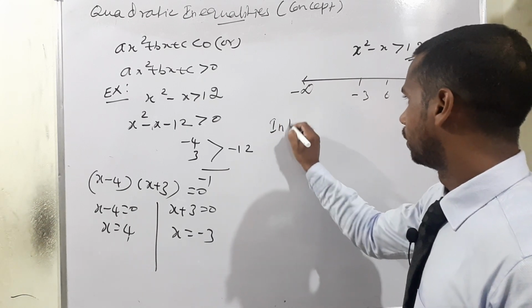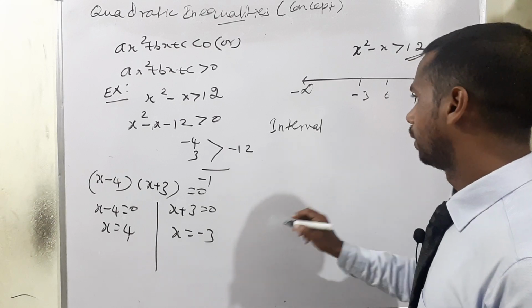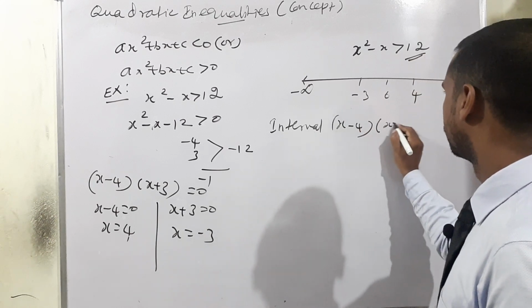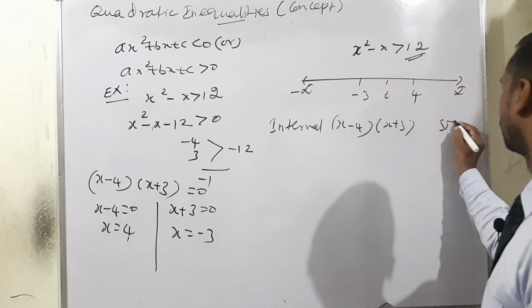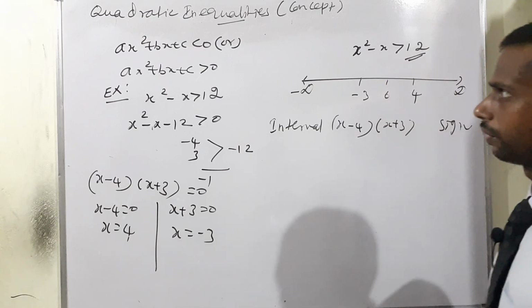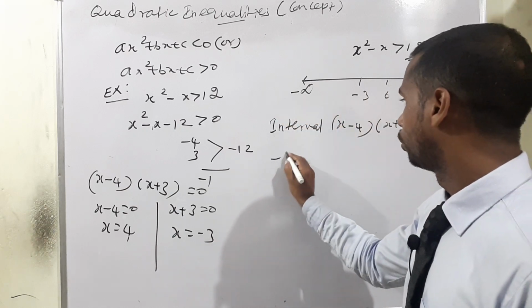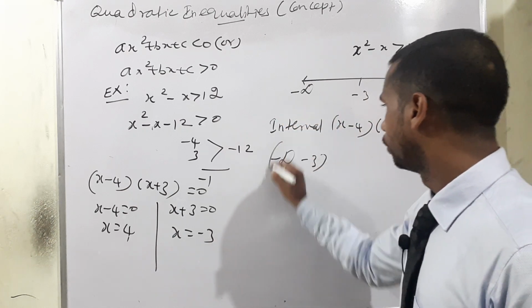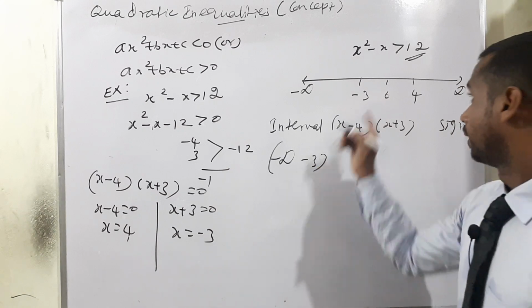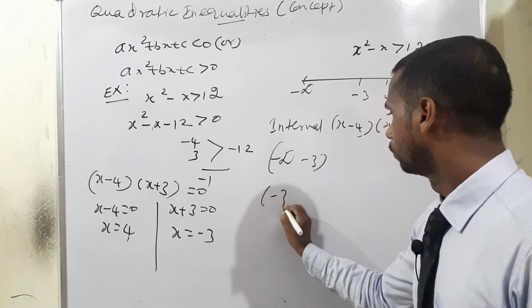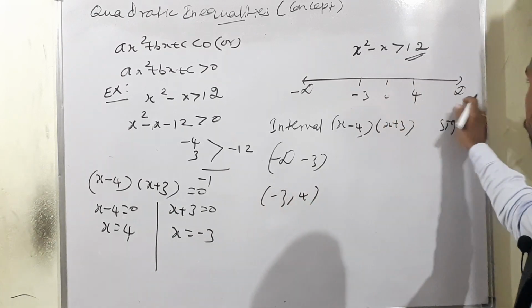Now split it into intervals. The factors are x minus 4 and x plus 3. The last one is the sign of f of x. So the sign of the term. The first interval is minus infinity to minus 3. The next interval is minus 3 to 4. The last one is 4 to infinity.